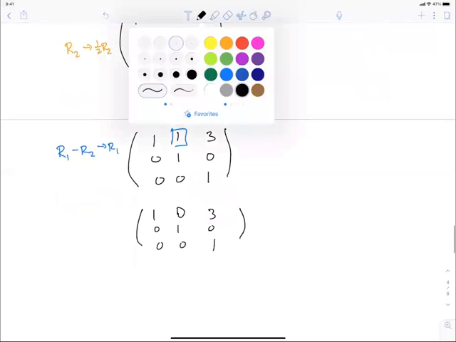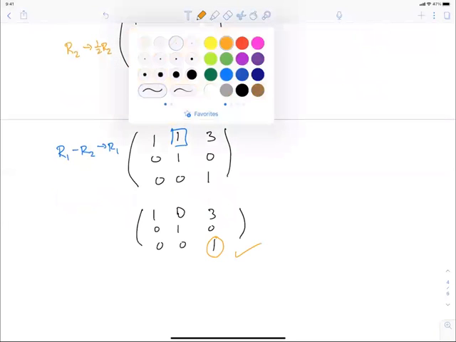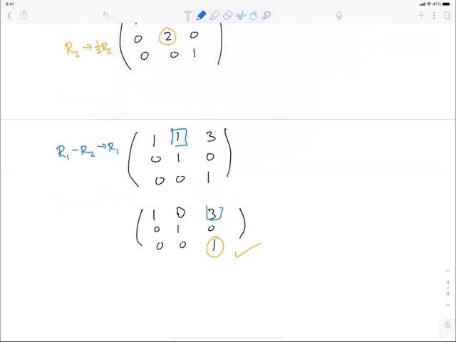And finally, we would normally need to scale that one. That one's already done, but we need to get rid of this 3. And when we're done with that, we have the identity.